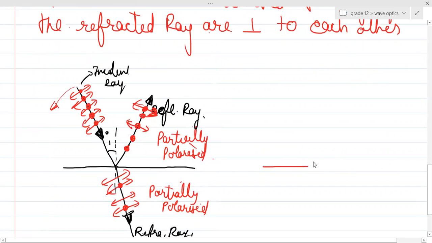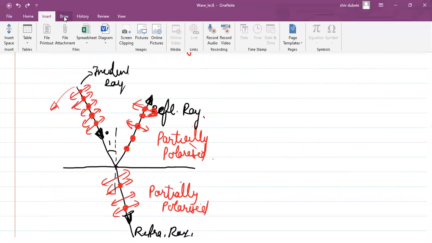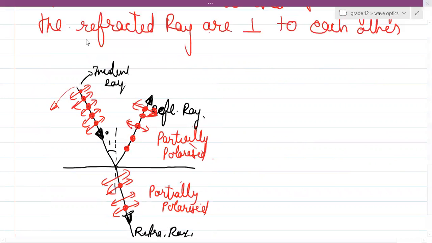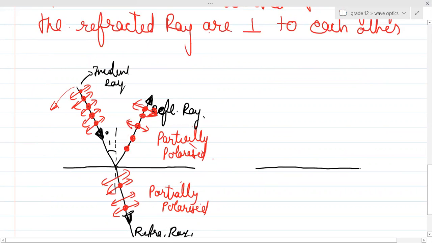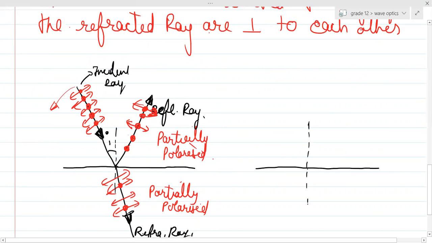So at one particular angle, can you scroll up a little to the diagram?